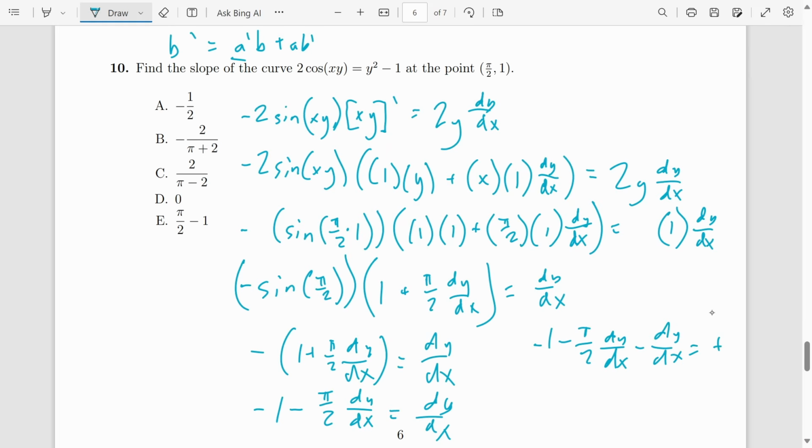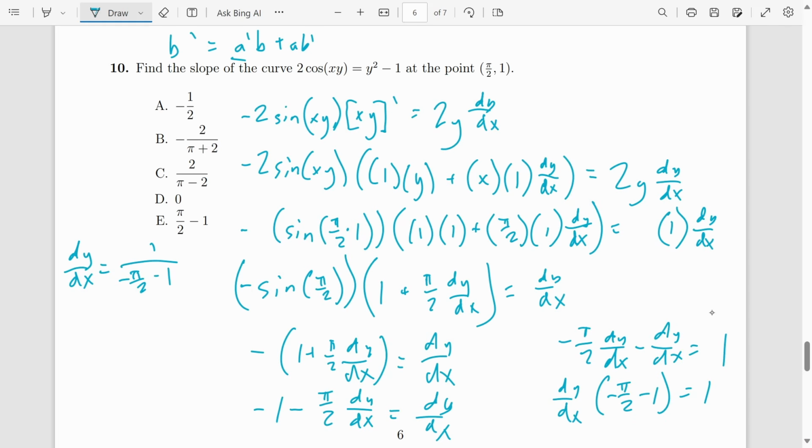On the other side, let's actually add 1. So let's put a 1 on this side. This one gets dropped. You can take out a dy over dx on the left, so this is going to be dy over dx times negative pi over 2 minus 1 equals 1. And then we can divide both sides by negative pi over 2 minus 1, which will leave us with dy over dx equals 1 over negative pi over 2 minus 1.